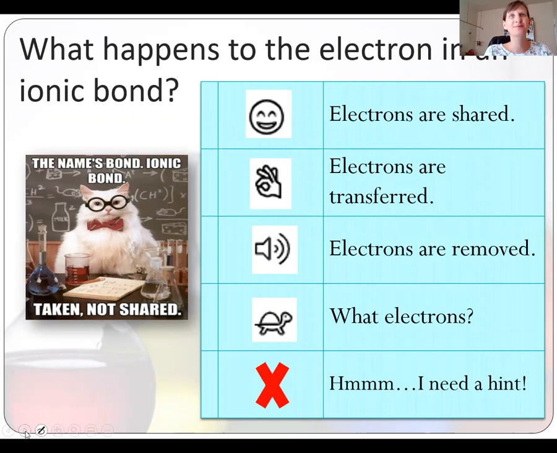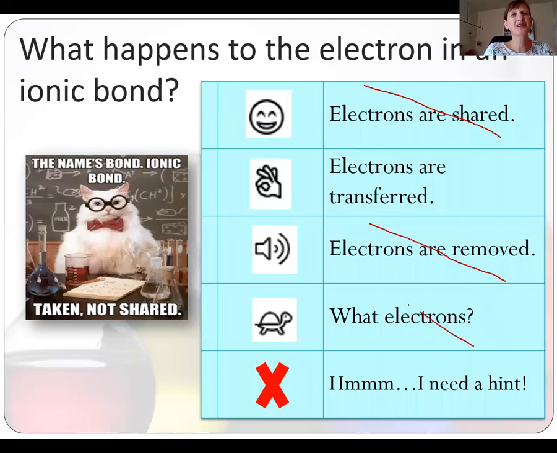So pause it. And the answer is, what happens to the electron in an ionic bond? Are electrons shared? No, because that's a covalent bond. Are electrons removed? No. Then they can't go anywhere, and then there's nothing to cause them to stick together.